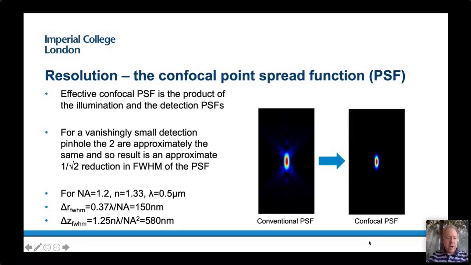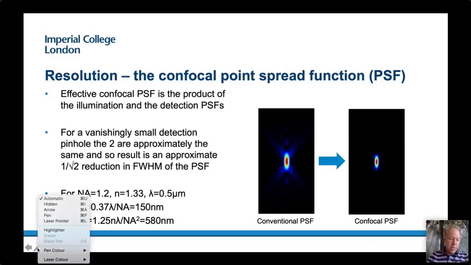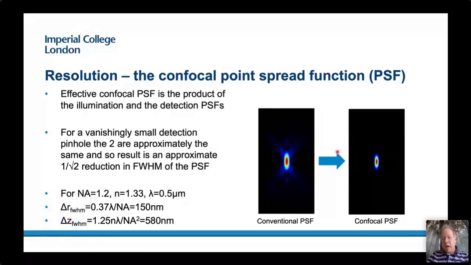If we now take a confocal microscope, effectively we're looking at a square of this point spread function. So on the right, we have a confocal PSF. It does look slightly smaller, but one of the things you'd find, because we're squaring that intensity, is that in any one of the planes out of focus, the total amount of light is going to be much reduced compared to the conventional PSF.